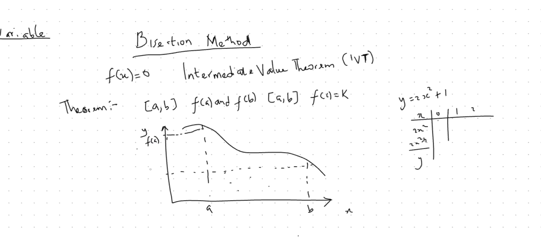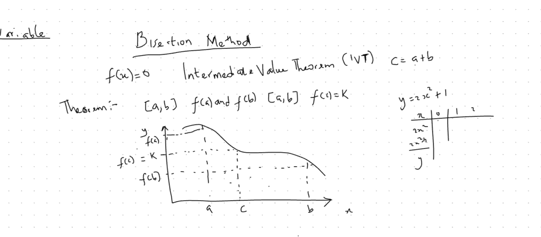So we are saying that there is a point that lies between this point A and B. That is, if this function is continuous, there is a point K that lies between A and B. If you trace the point K to the curve, that's a point C. And that point K is also going to give us a function of C. Before I end this video, C is (A plus B) over 2.